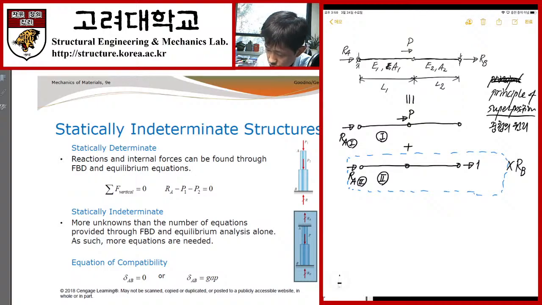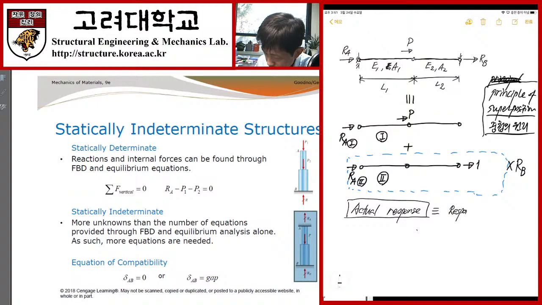So according to the principle of superposition, the actual response, sorry about the wrong choice of terminology, the actual response or behavior of my system is equal to the response of system 1 plus the response of system 2, multiplied by the unknown RB.